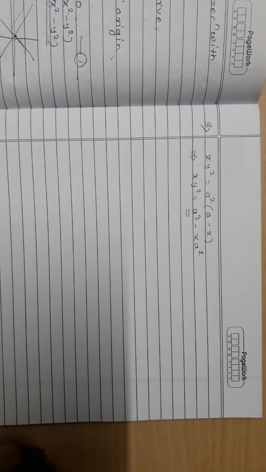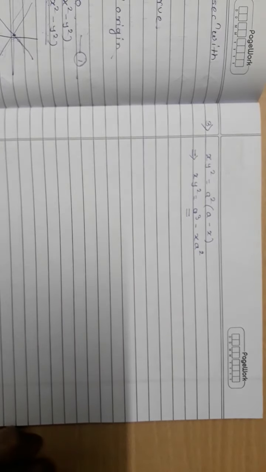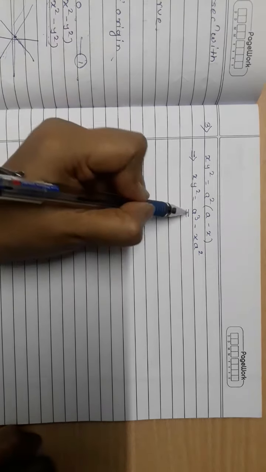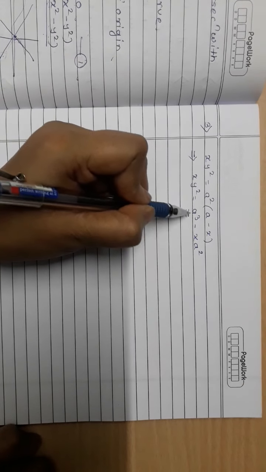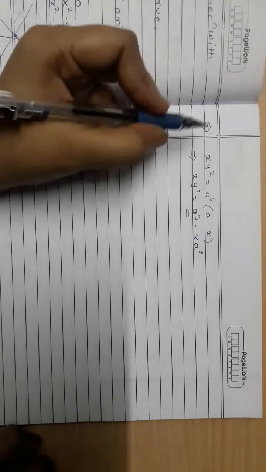So 0, 0 will not satisfy this equation. So that means this curve does not pass through origin. Since absolute constant is present here, this curve does not pass through origin, right?